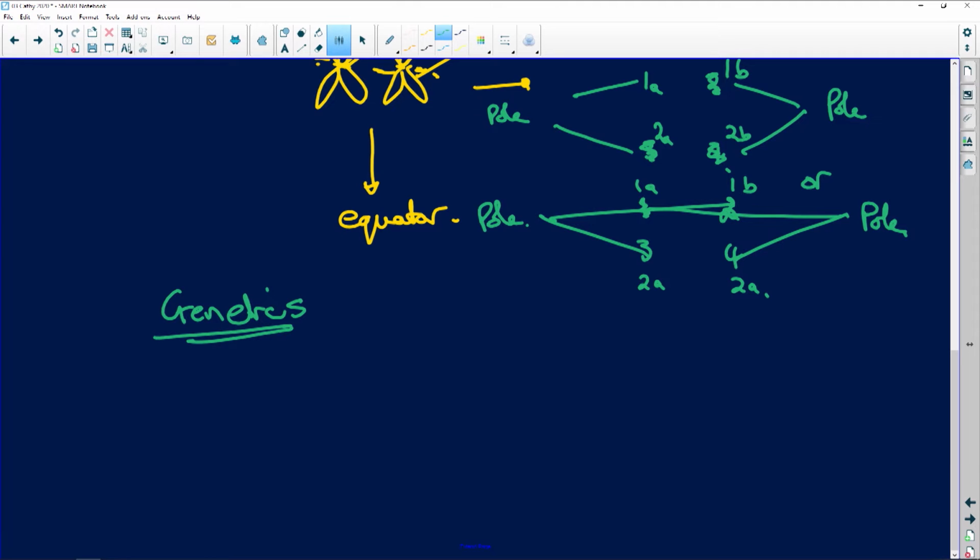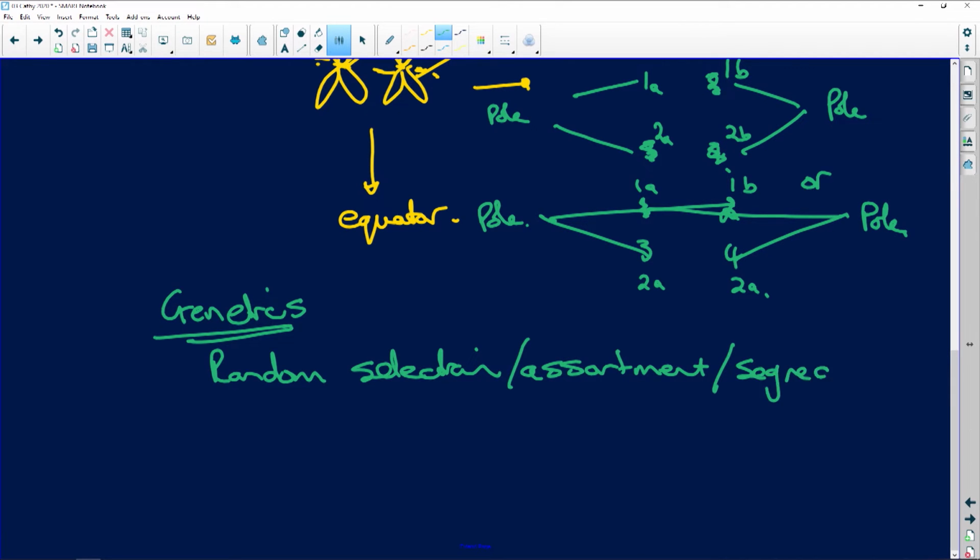So for genetics, when we talk about random selection, it can also be called random assortment, and it could also be called random segregation. You see, segregate means to separate. Assortment means to select. And selection means assortment and segregation.